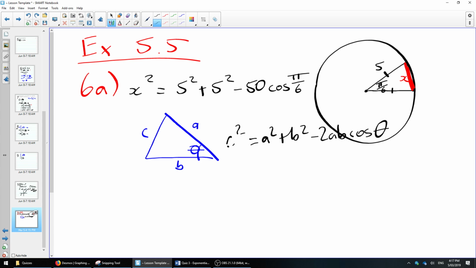Yeah. You probably haven't seen this since about this time last year. But that was at the end of chapter 5 or whatever trigonometry was. It's cosine rule. Yep.